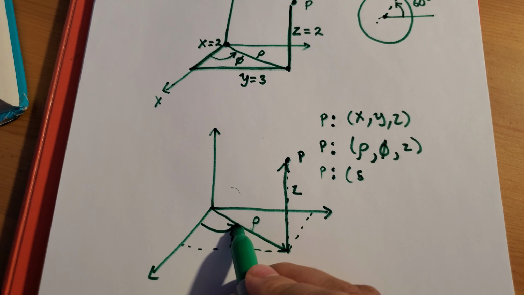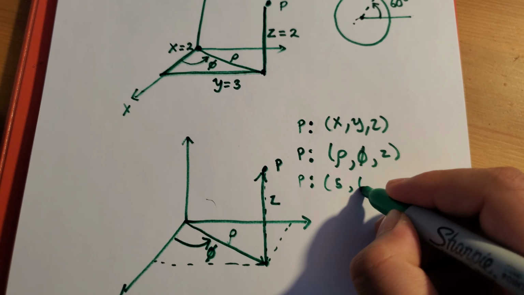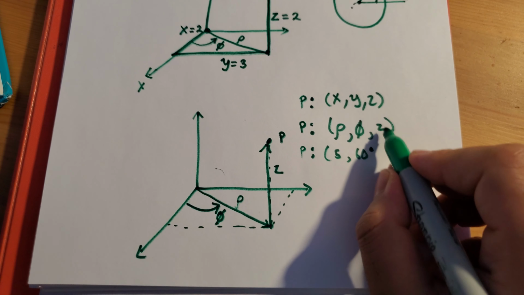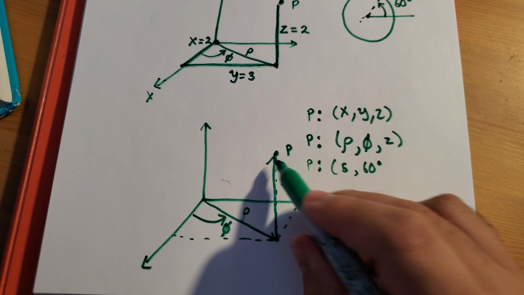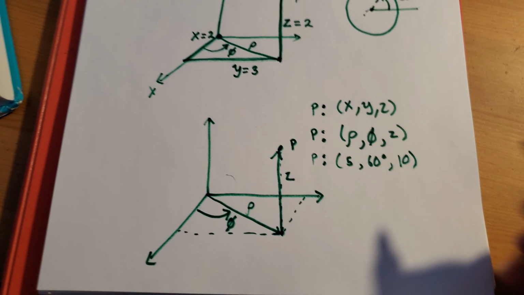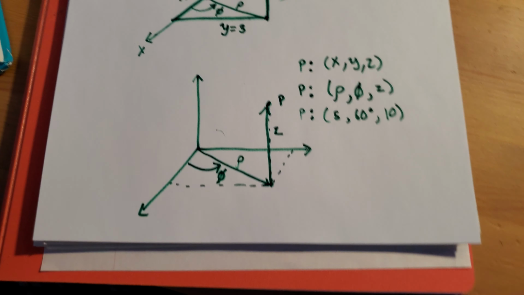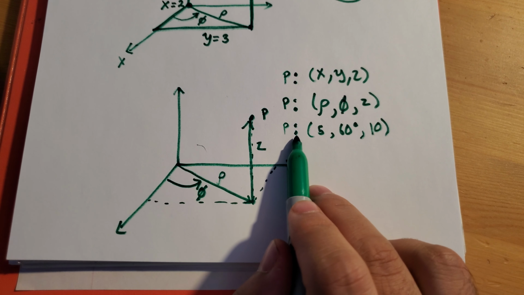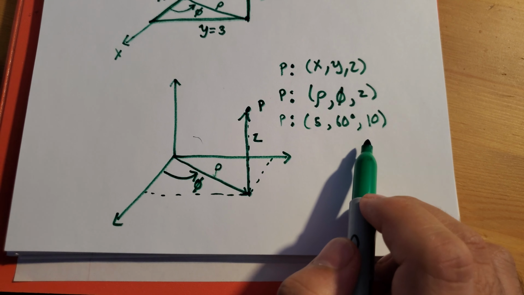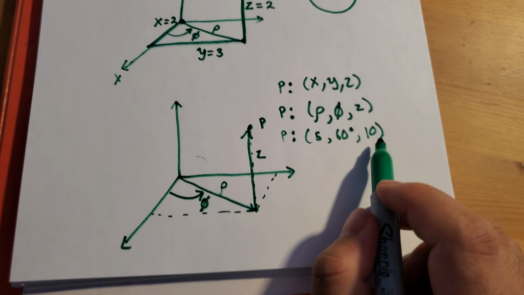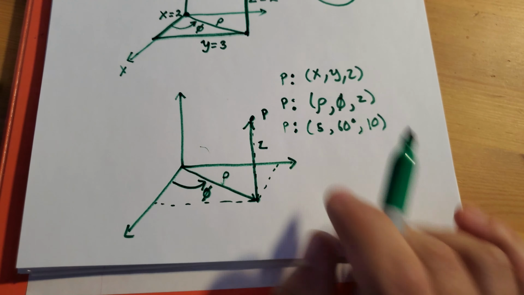Let's say that this angle is about 60 degrees, so we can write 60 degrees, and then this z here, let's say it moves up 10, so we will say that's 10. Now usually the coordinate system for cylindrical coordinates is not written like this, because this looks a little bit clunky, but you can write it like this if this helps you understand.